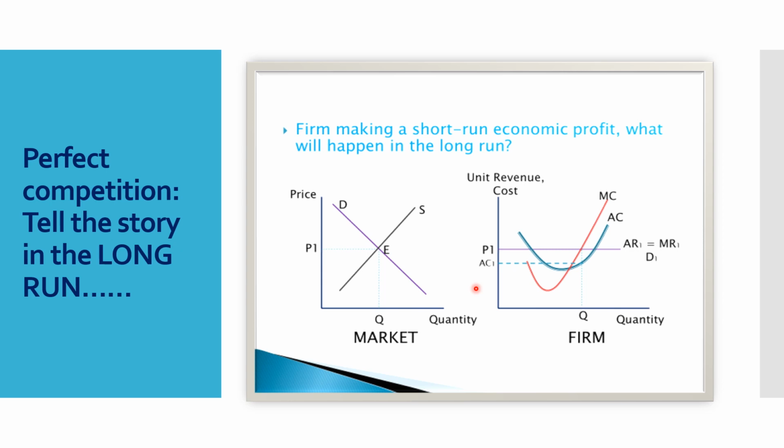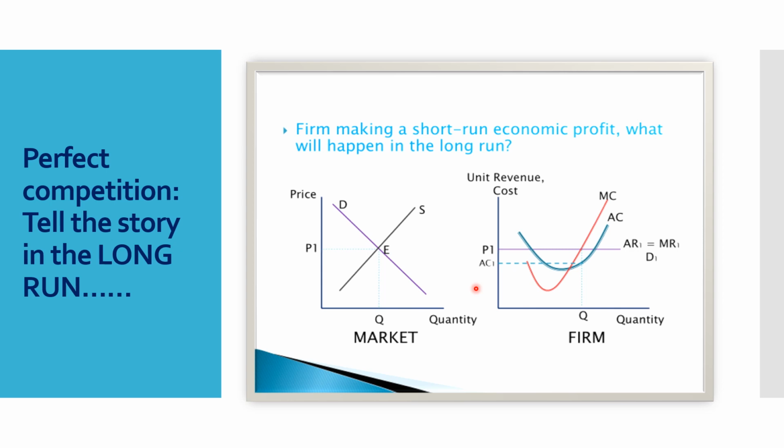All right. So now our firms are all making economic profits in the short run. What will happen in the long run? Now we have to go back to our understanding of the different characteristics of our market structure. Perfect competition has no barriers to entry. Any new firms can enter this market, which is what they will do when they find out that there is economic profit to be made.